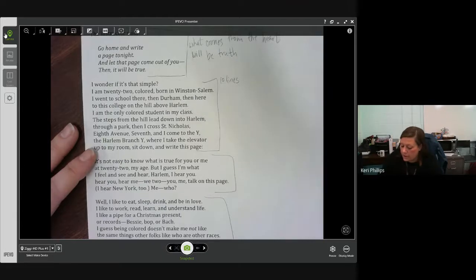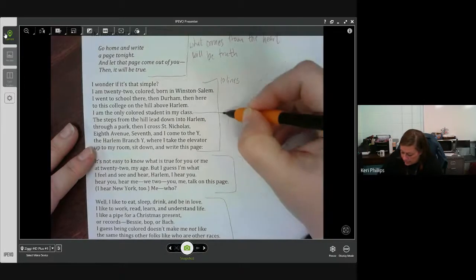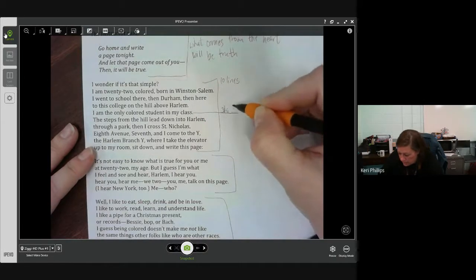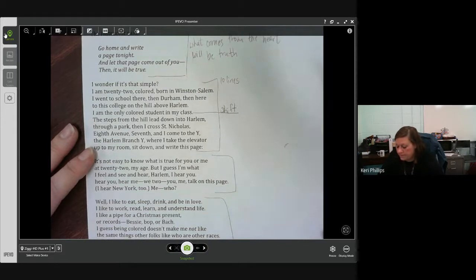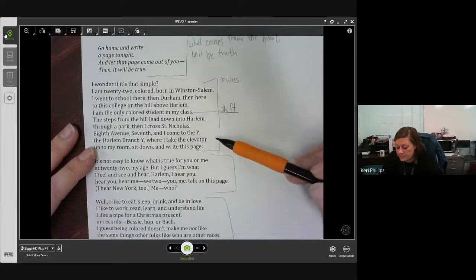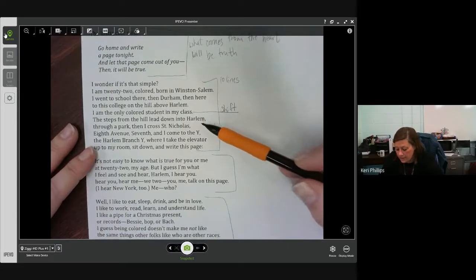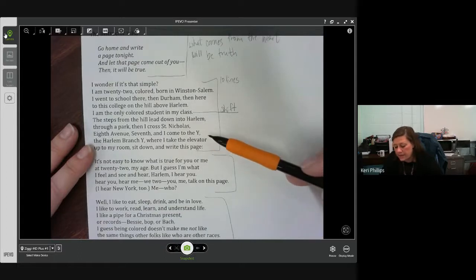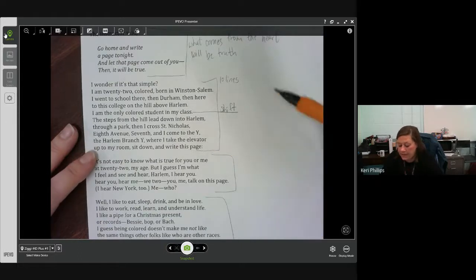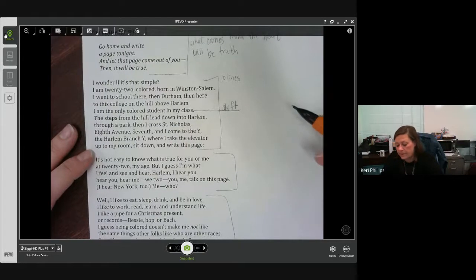I'm the only colored student in class. There's a shift right here. Because then he says, the steps from the hill lead down into Harlem through a park. Then I cross St. Nicholas, 8th Avenue, 7th, and I come to the Y, the Harlem branch Y, where I take the elevator up to my room, sit down, and write this page.